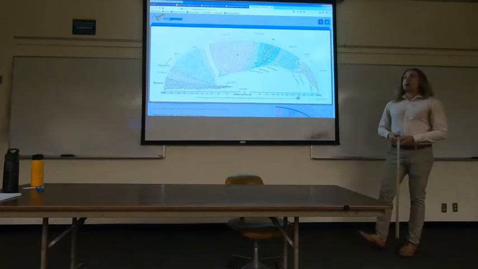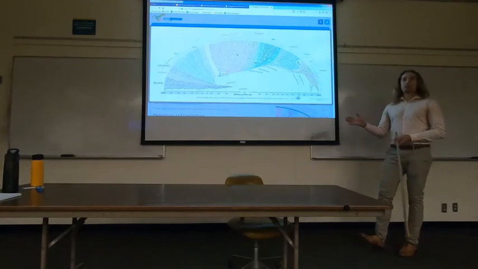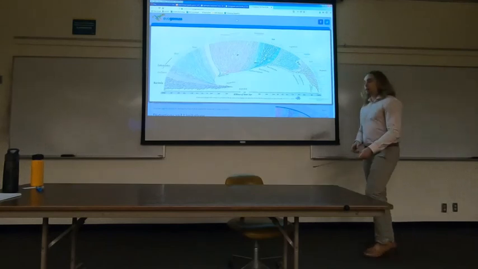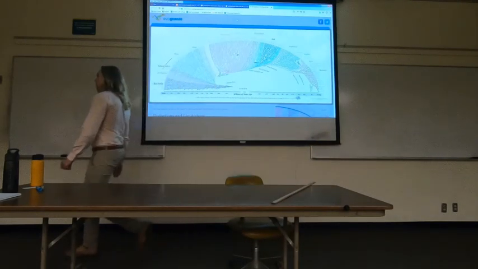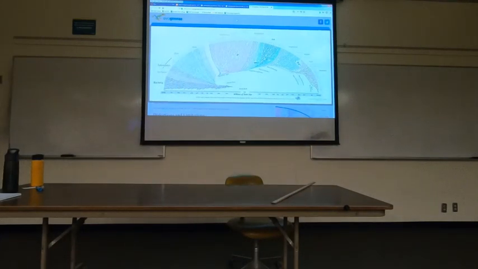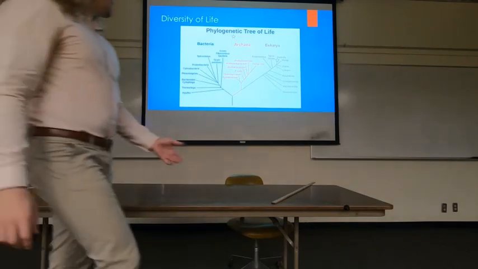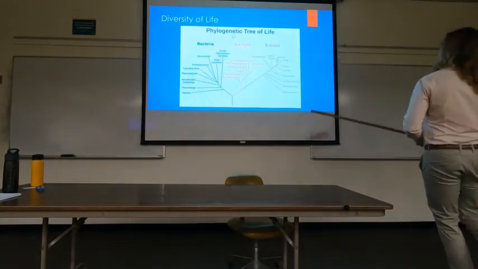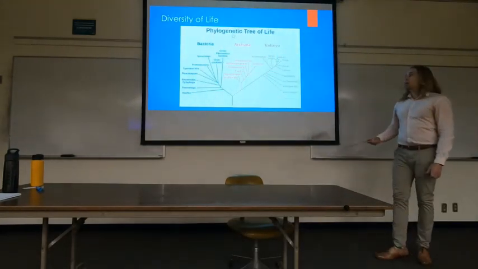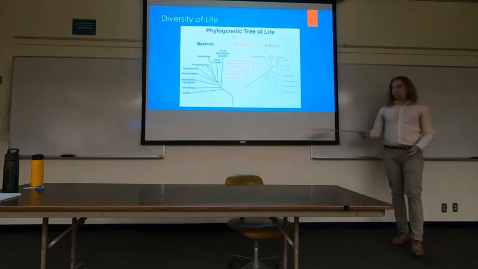The events are in the right order, but the scale is not meant to represent time. So if you're looking at this phylogenetic tree, and I were to ask how much time passed between when the archaea branched off from the bacteria and when the eukaryote branched off from the archaea, you would have no way to answer that question because this isn't scaled over time.